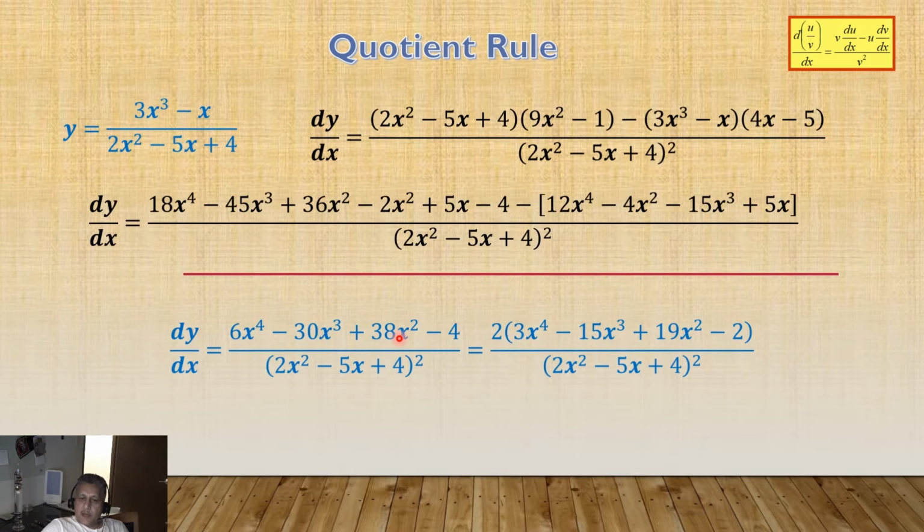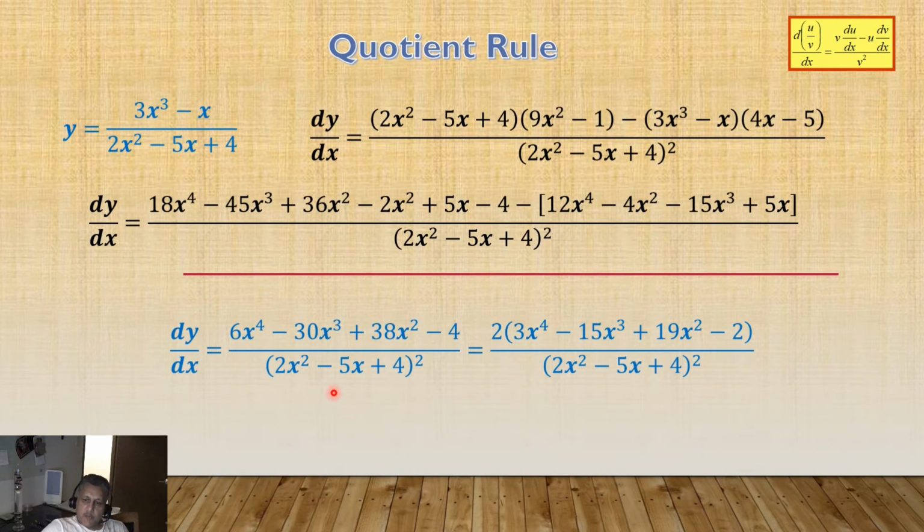Okay, and then we go for the x terms. We have 5x and we have 5x, but because of that minus, those cancel out. And then we're looking at the numbers. Minus 4, no more numbers right there. So we are complete. We have completely put together the numerator right in there.